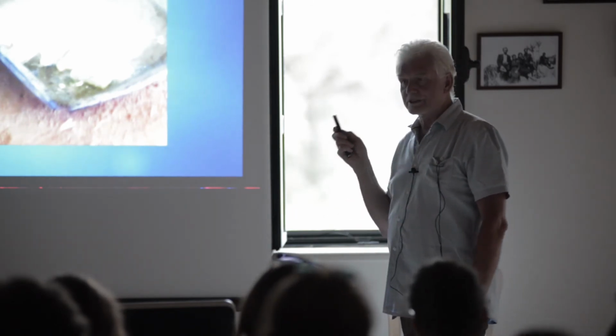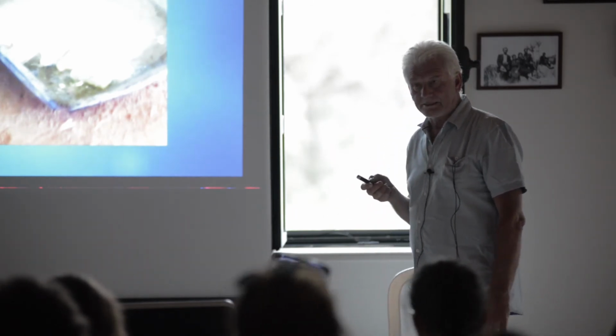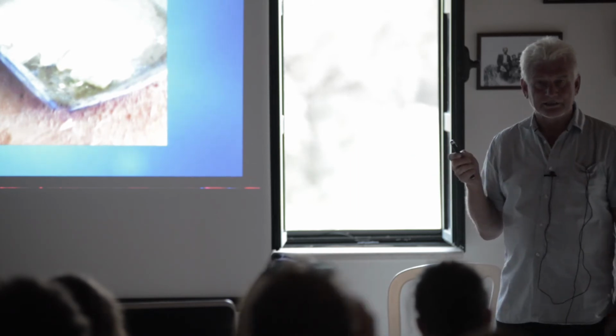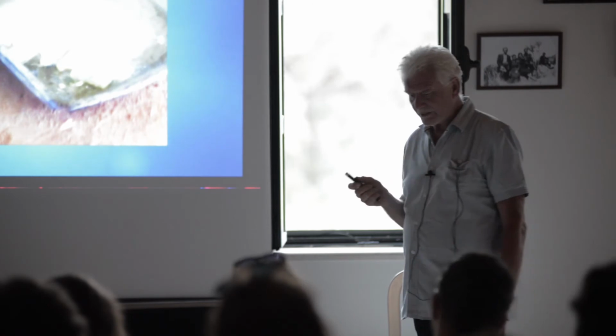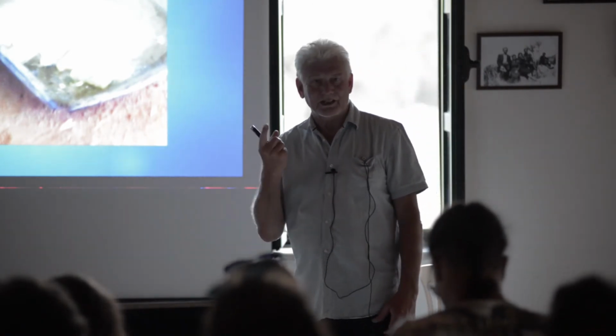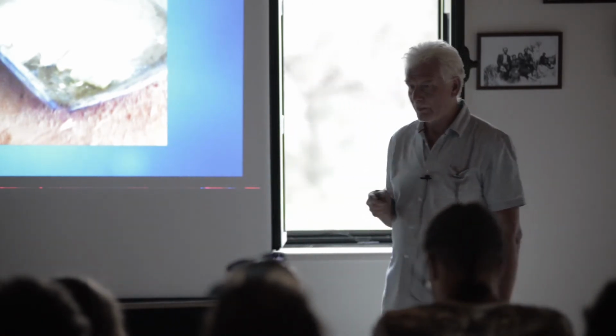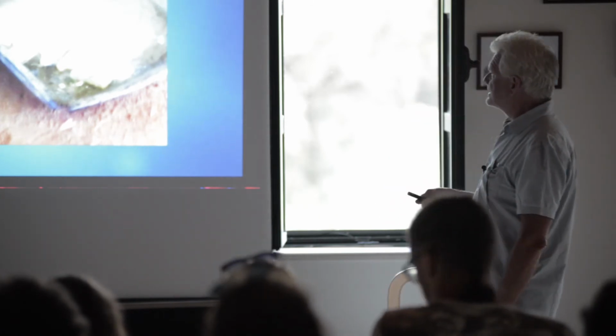But what I'm showing you is the traditional way of doing it. It's still done like this in Romania, particularly in the mountain areas, where 3 or 4 villages will share one lime kiln.